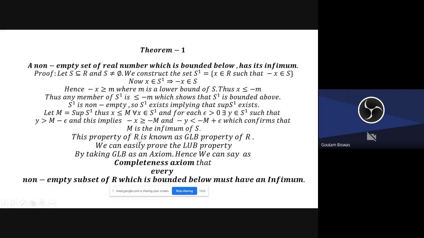So this property, that every non-empty set of real numbers which is bounded below has its infimum, is known as the GLB property of R. Now suppose you take this GLB property of R as an axiom, then you can easily prove that the LUB property of R is also an axiom. In either form, the statement is known as the completeness axiom. This is a very important axiom.